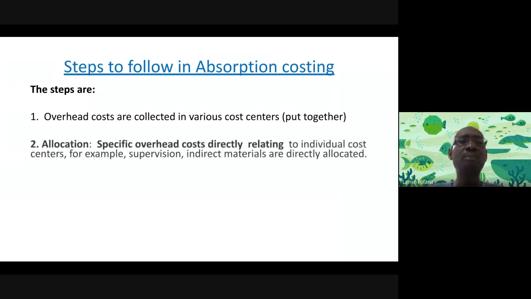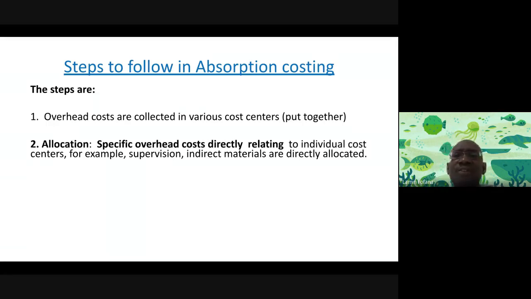When we pool the overheads together, the first thing we do is try to allocate them directly. There are some overheads that you will be able to allocate easily. For example, supervision cost could be an overhead.